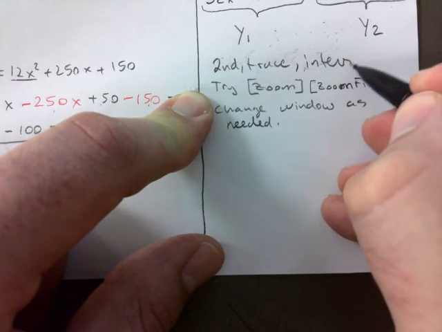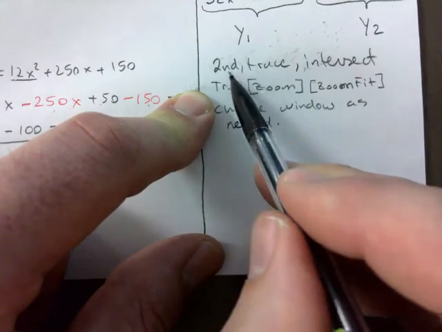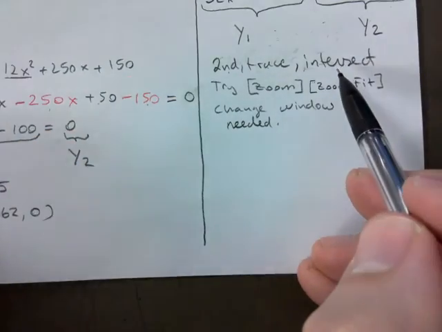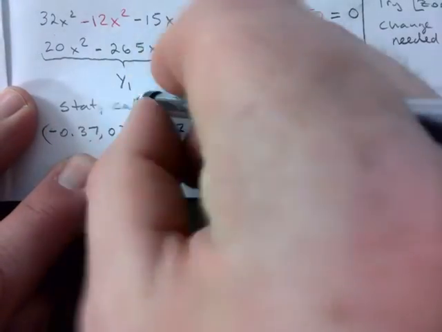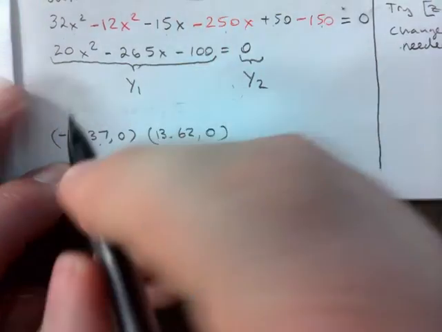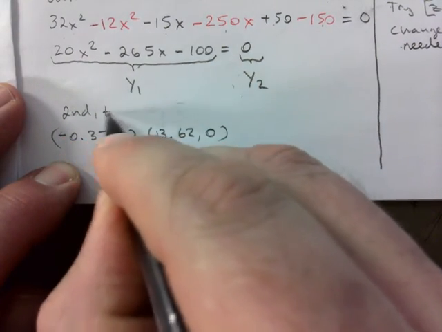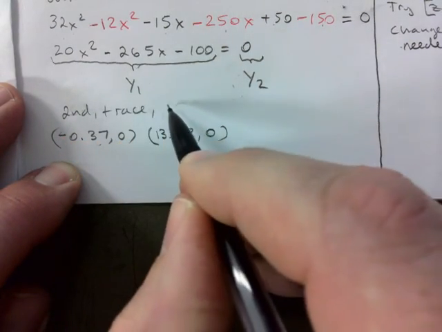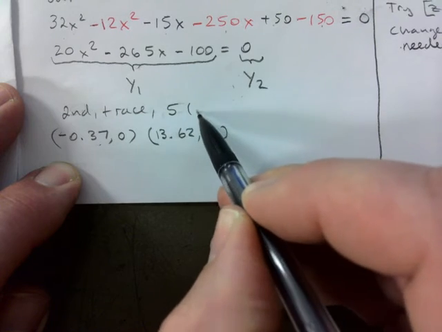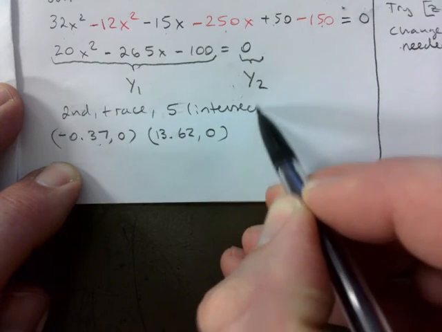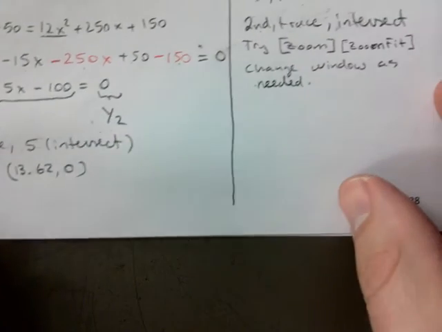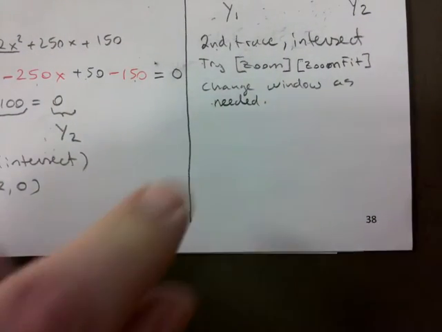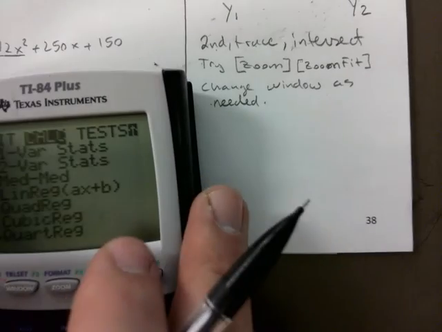That's what I meant to say here. Second trace 5, right? And we'll do the same thing here with the previous example. Sorry, guys. Second trace 5. You're basically finding the intersect. Stat calc, that's doing a regression, right? So second trace intersect. So let's try this again, right?